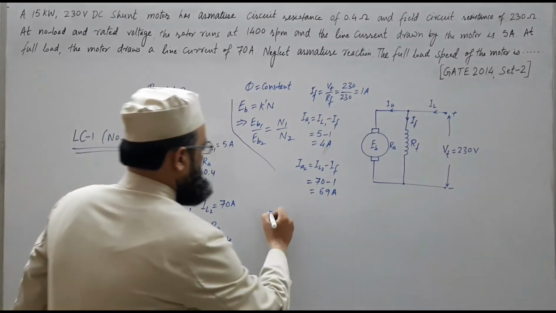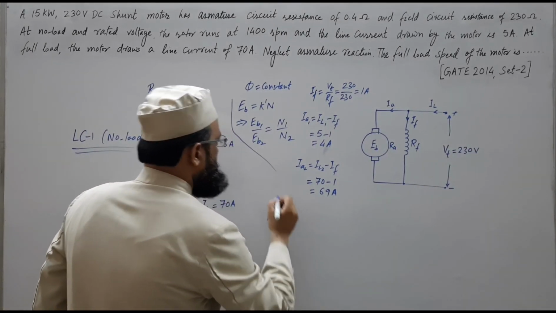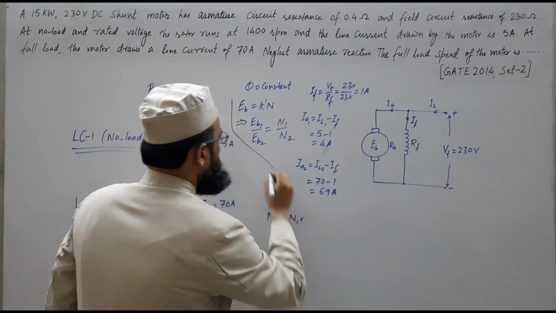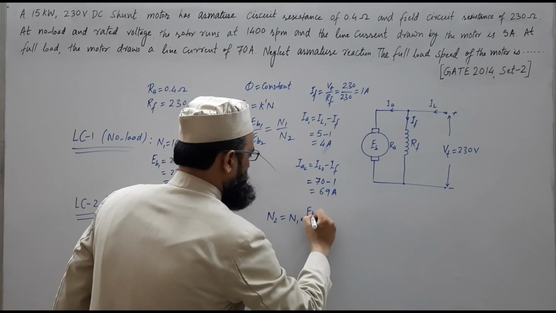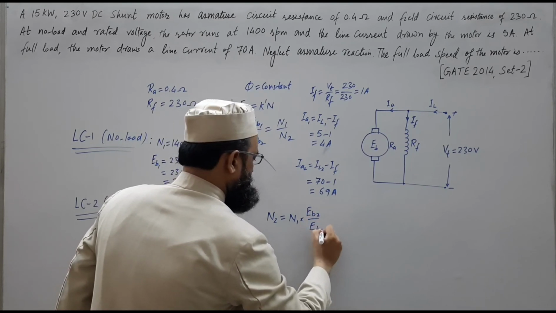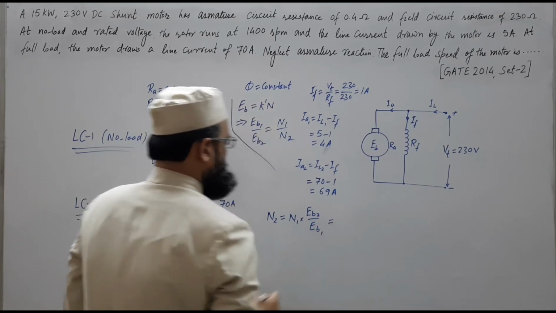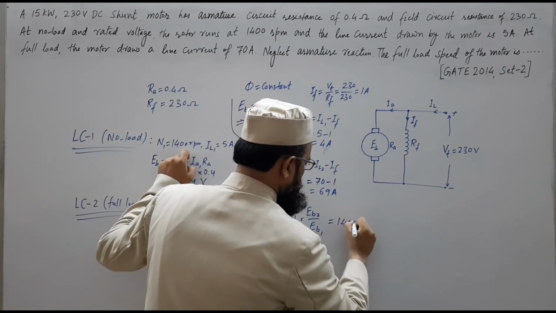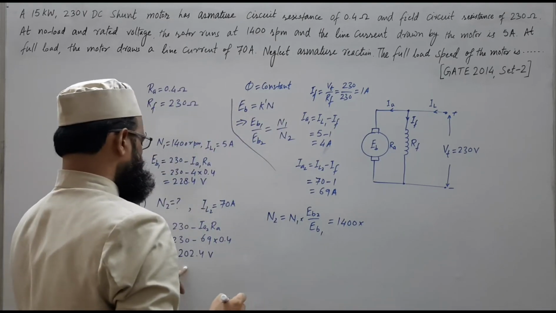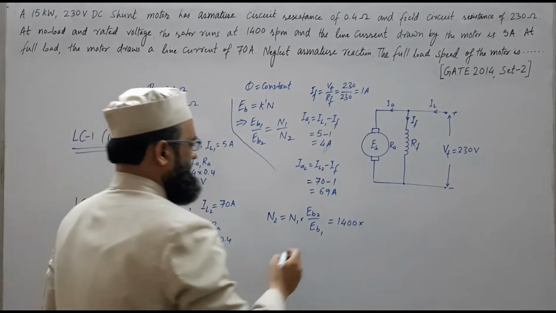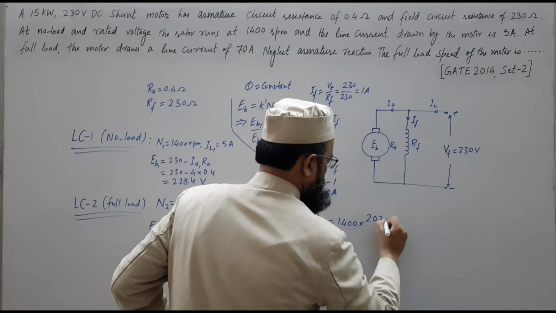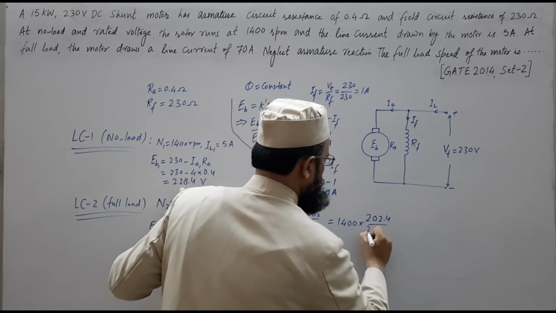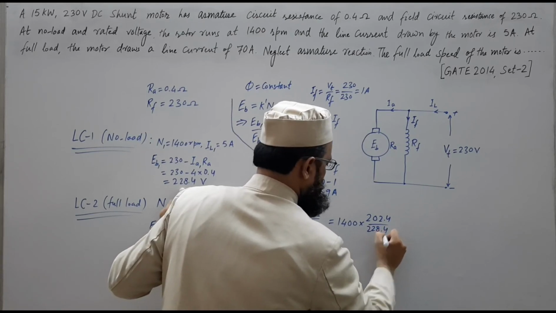So we have evaluated EB1 and EB2, N1 is given, N2 has been asked. It means N2 may be written as N1 times EB2 by EB1. So N1 is 1400 into EB2, evaluated as 202.4, and EB1 is 228.4.